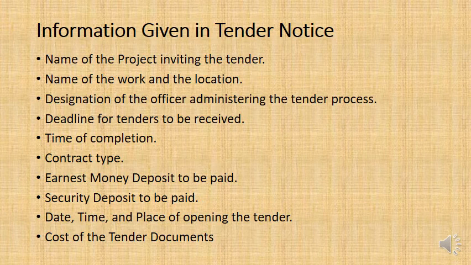It's something usually just to cover the printing, and this could be anywhere between $50 to $100 usually, maybe a bit more. But anyway, that will be a way to ensure that you're not needlessly printing off tender documentation for people who have no interest in bidding. Just a small fee to cover the cost of the printing.